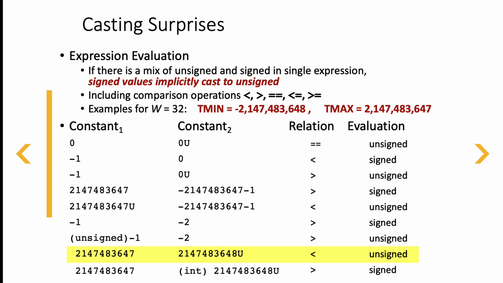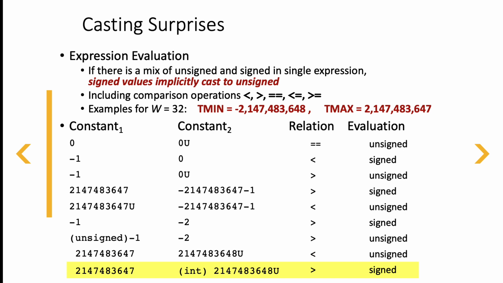If we compare T max to basically T max plus 1, but unsigned, then that gets evaluated as unsigned, and that works pretty much the way we would expect it to. Although keep in mind that if we tried to do that constant 2 value as a 2's complement, it would do weird things. It would end up wrapping around on us and becoming a negative value.